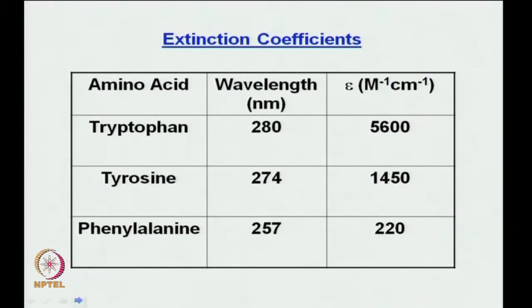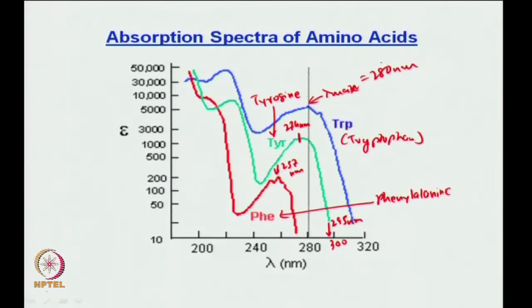Tryptophan has the highest, which is why it is the one most used, and why we so frequently use tryptophan for our studies. That is what was shown in the previous graph. This is tryptophan, corresponding to 5600; this is tyrosine, about 1450; and this phenylalanine, about 220. It is just so evident from your absorption spectrum.